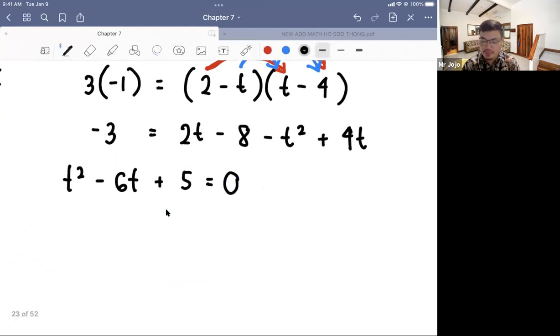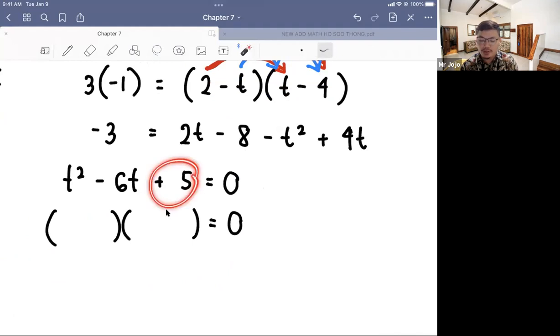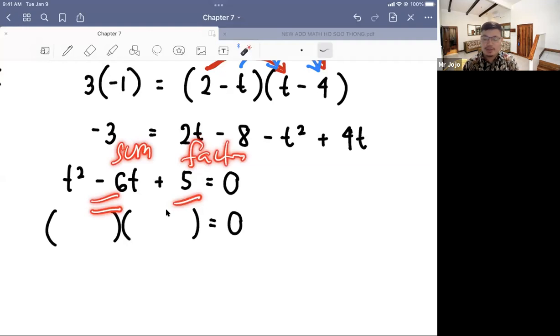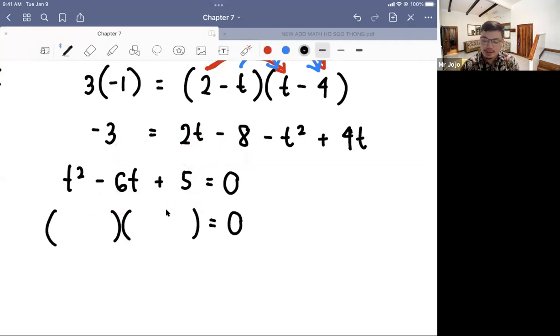Now, how do we answer this? We just need to factorize, right? So what's the factor of this quadratic equation? Since you have 3 terms, the way you can factorize is by looking for the factors of 5 with a sum of negative 6. So basically, your answer here is t minus 5 times t minus 1, right?